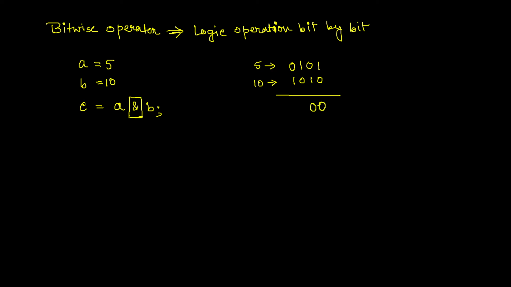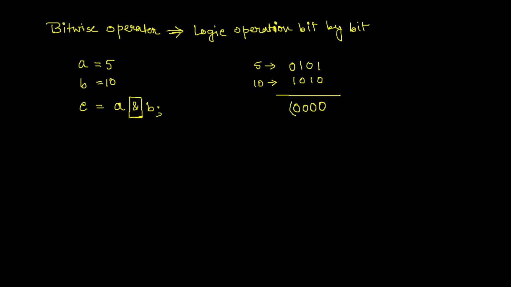By chance, in this situation 5 and 10 are complementary, right? Wherever 1 is present in 5, the corresponding position in 10 is 0, and vice versa. So that's why every time it will be 0, right?